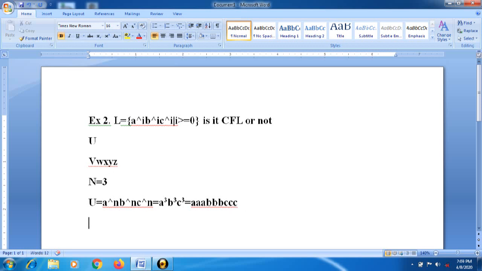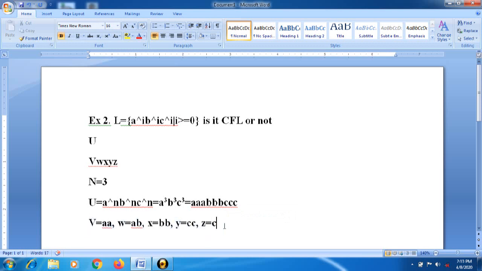Suppose v is equal to double a, then w is equal to ab, x is equal to bb, y is equal to double c and z is equal to the remaining one value, that is c. We have divided this string into 5 different parts, v, w, x, y and z. Check whether 3 a's, 3 b's and 3 c's are there.